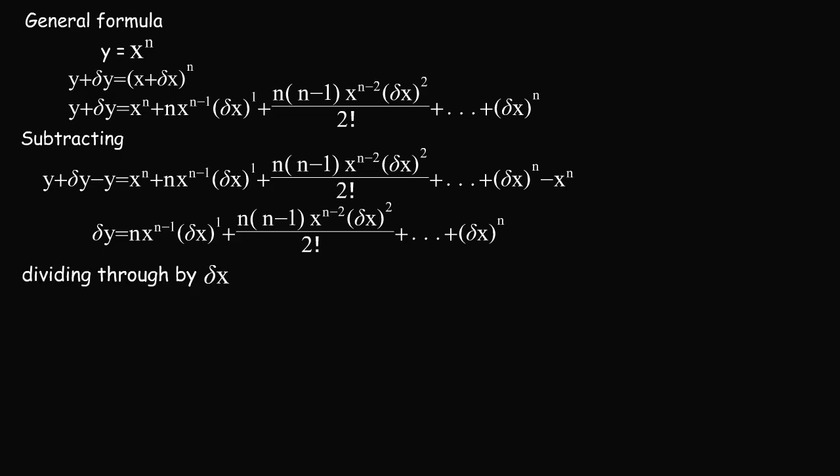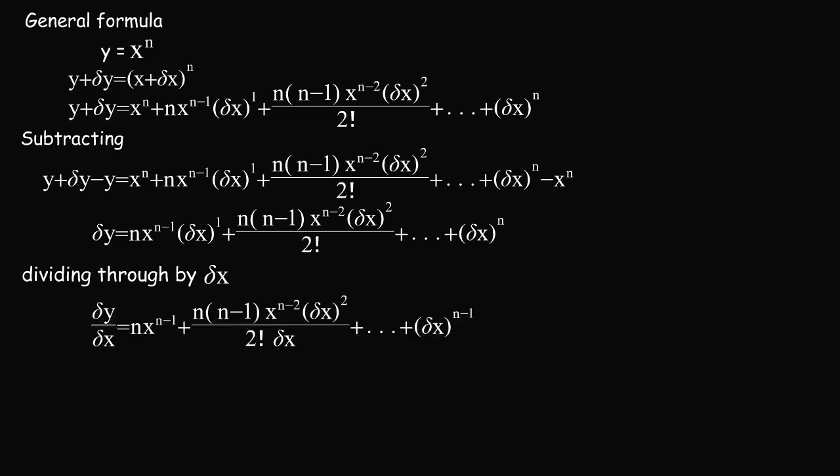The next step is to divide both sides by delta x to get delta y over delta x. Doing so, delta y over delta x will be equal to n x to the power of n minus 1 plus n in bracket n minus 1 x to the power of n minus 2 delta x squared divided by 2 factorial delta x plus it goes on and on to delta x raised to the power of n minus 1.